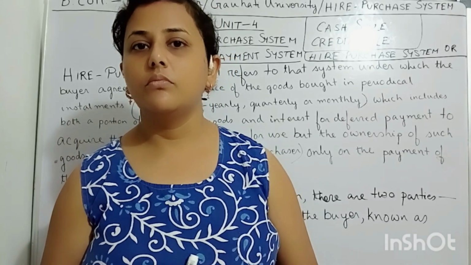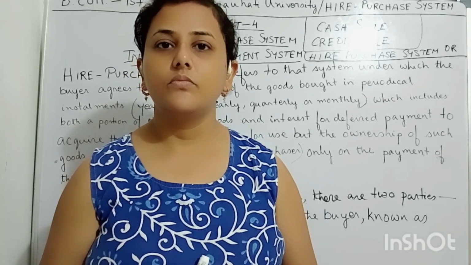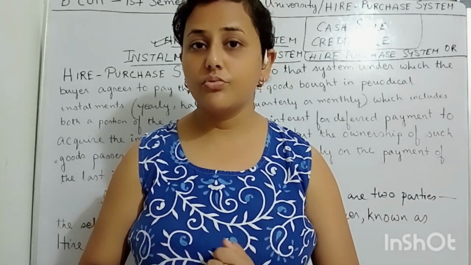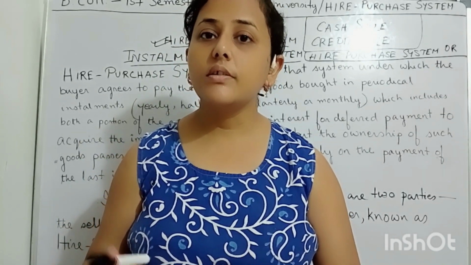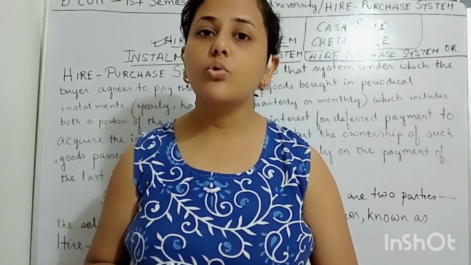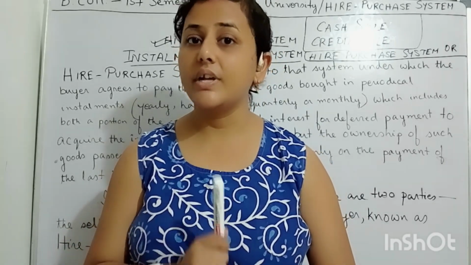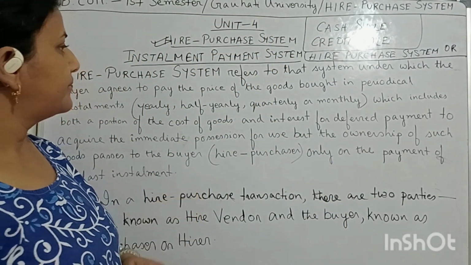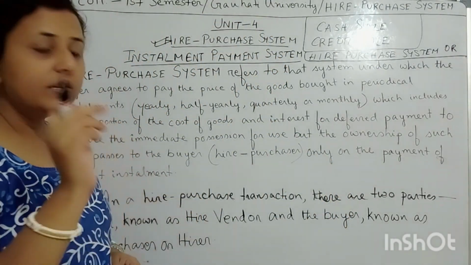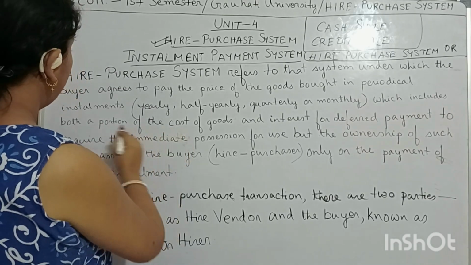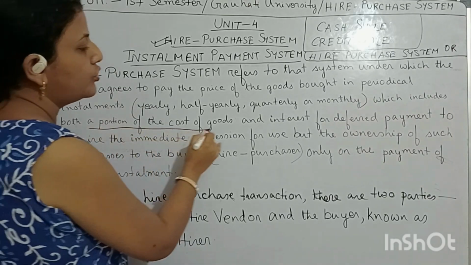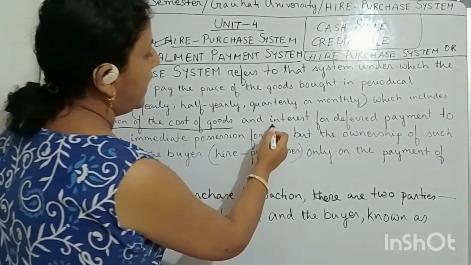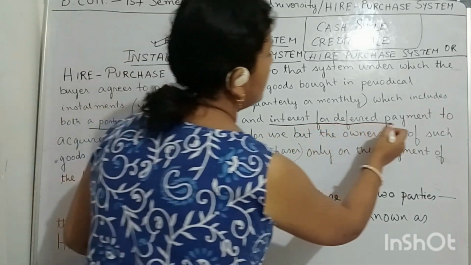Now what does an installment include? What are the prices which are included in one installment, that we have to know. One installment includes a portion of the cost of goods and interest for deferred payment.